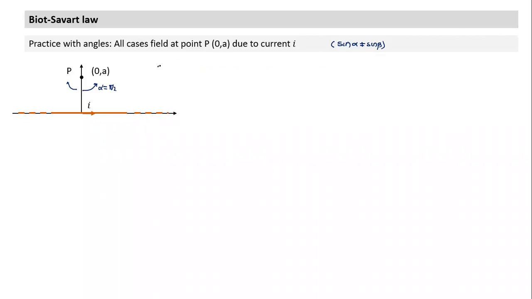So this term will be equal to sine of pi by 2 plus sine of pi by 2. So that becomes my formula for infinite wire. What is the formula for infinite wire? Constant term mu naught by 4 pi, I by distance, into this angle part. Angle part will come to 2. So pretty simple.